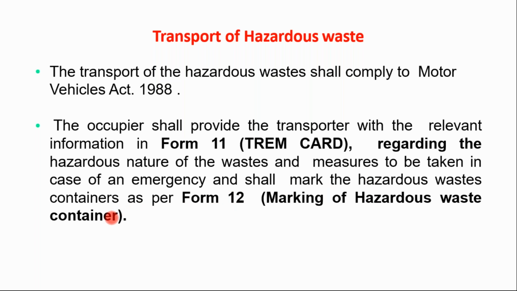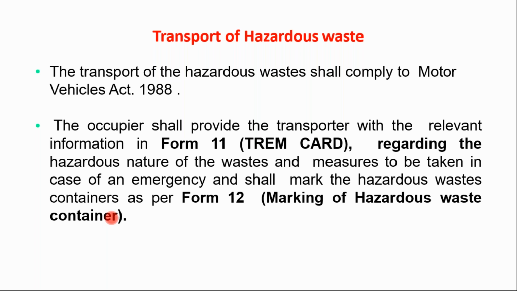So we have already discussed the details of this transport emergency card, which has contents like which type of hazardous waste is in that container or that tanker, in that truck, then how to handle this type of hazardous waste in case of any accident, in case of any leakage, in case of spillage, in case of fire, in case of explosion, etc. Then what is the United Nations number or the unique number for this type of waste.